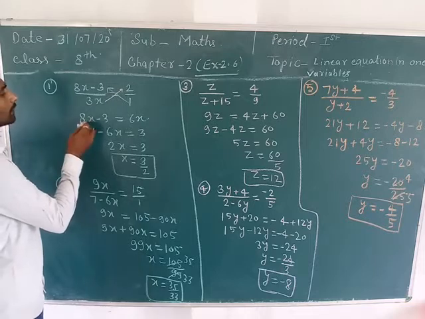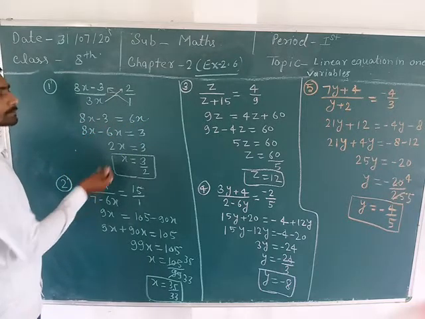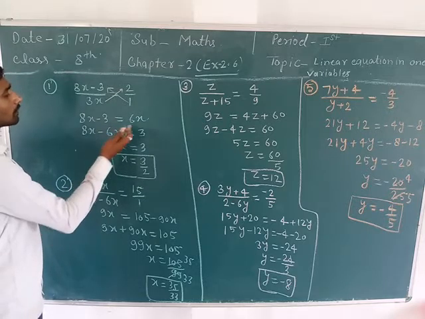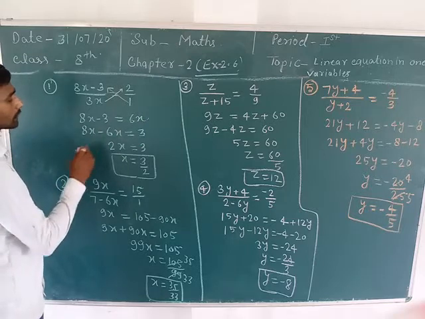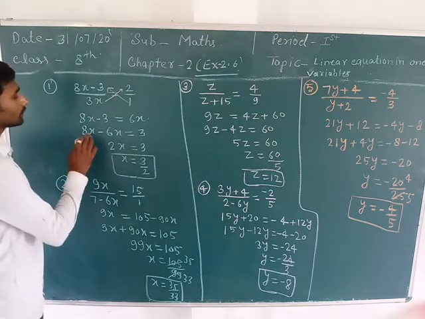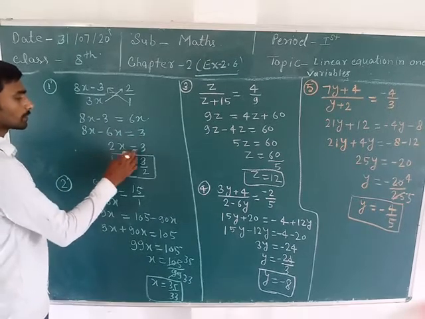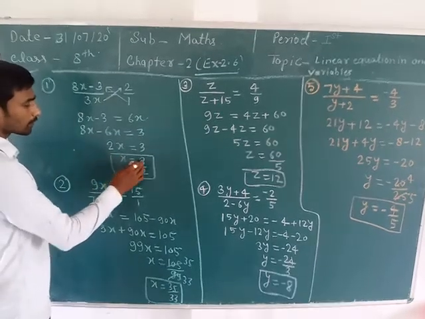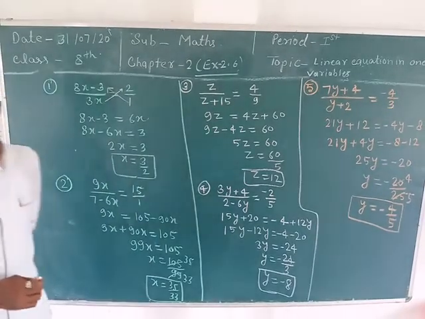We have 8x minus 3 equal to 6x. Then by the transferring rule, transferring 6x to the left side, 8x minus 6x equal to 3, 2x equal to 3, then x equal to 3 upon 2. This is the answer of your question.